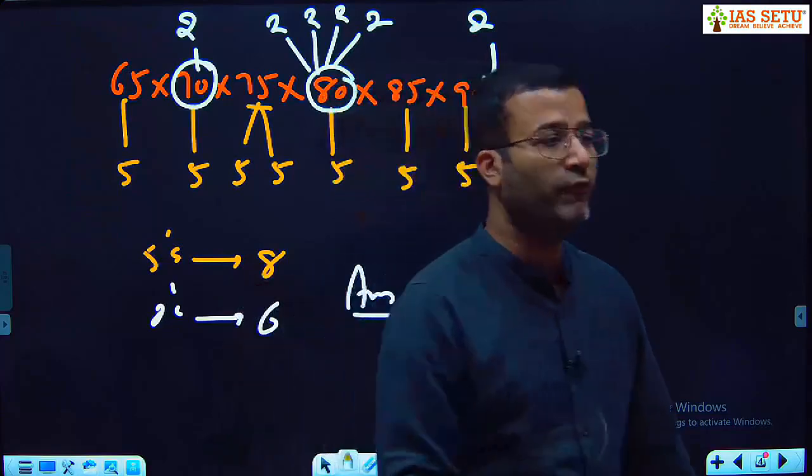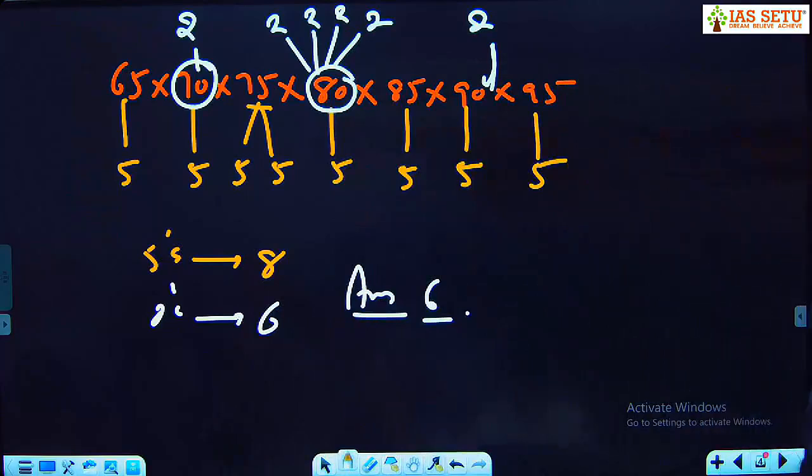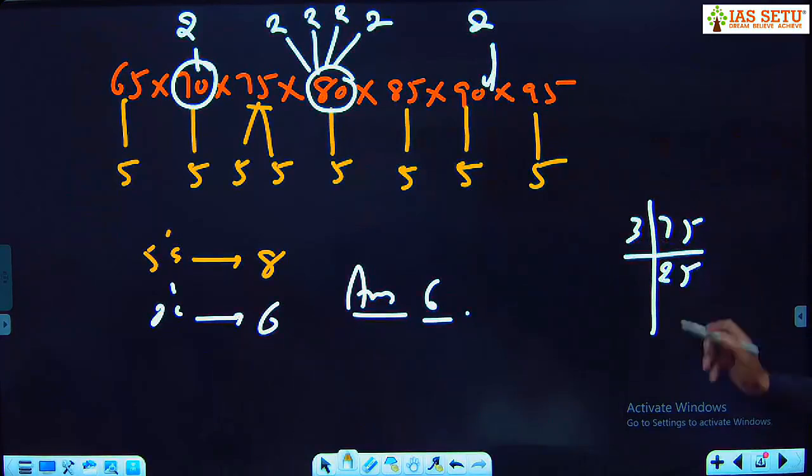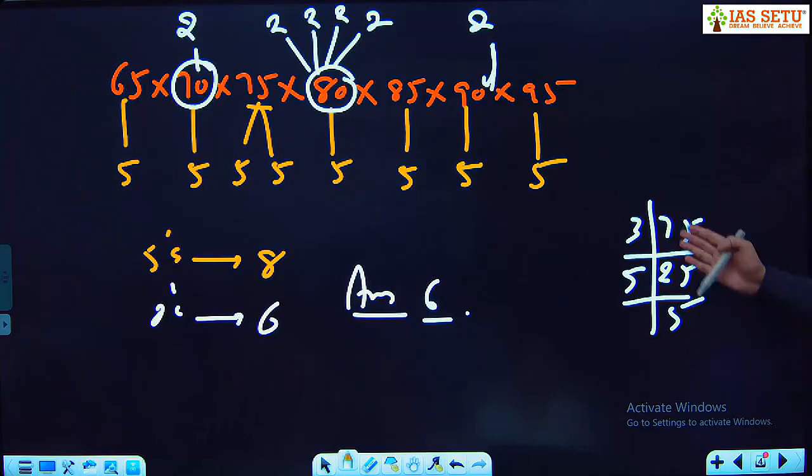This is one type of question. 3 कॉमन लेके क्या आएगा? 25. 25 के बाद क्या आएगा? 5 and 5. Factorization. But you have to be fast.